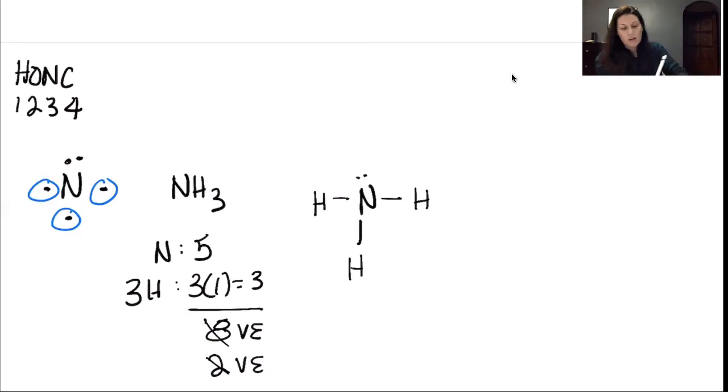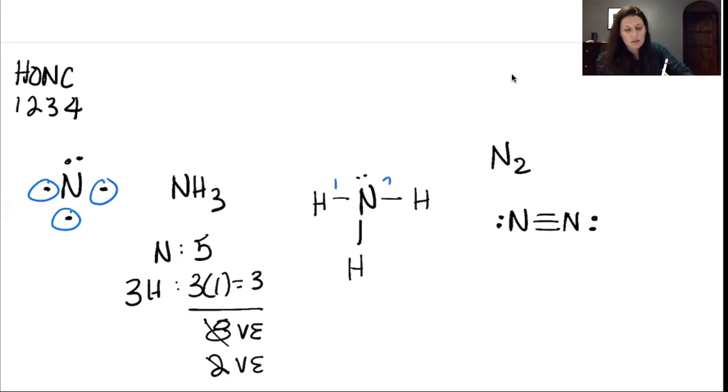Okay, so what about N2? N2, or nitrogen gas. All right, this one, I know we have drawn this before, so I'm going to do this one quickly. But this one will be nitrogen triple bonded to itself, with each nitrogen having a pair of non-bonded electrons. All right, so notice this one here.